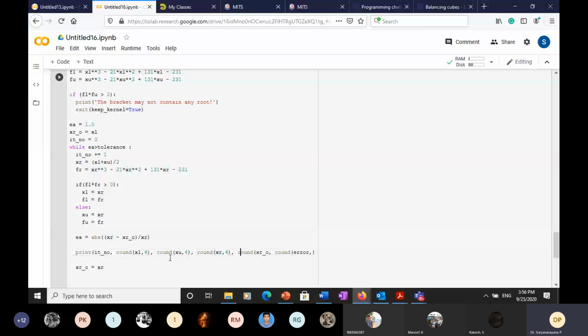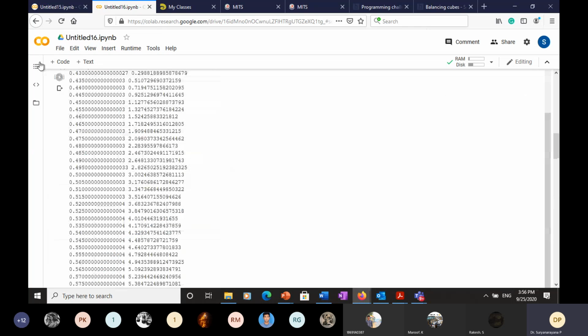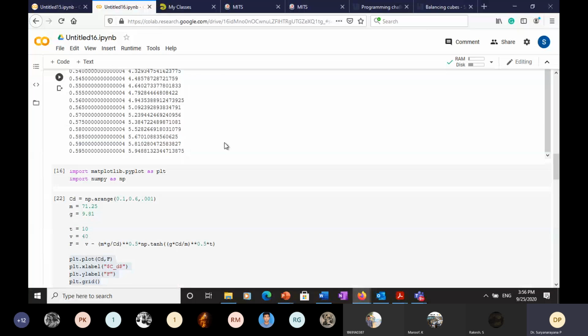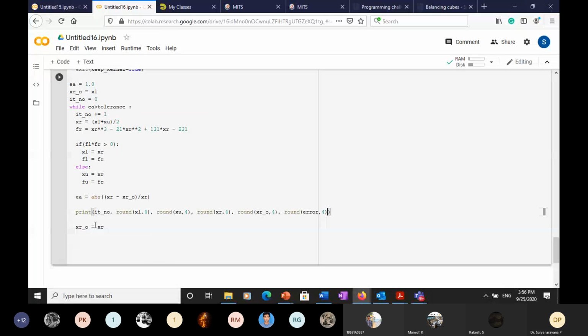Yeah, I'm rounding off the digits because otherwise it looks bad. I'll show you what I mean. See, when I print to the slide, when you get all these multiple digits, it's difficult to see. So I'm asking it to round it off to 4 digits.